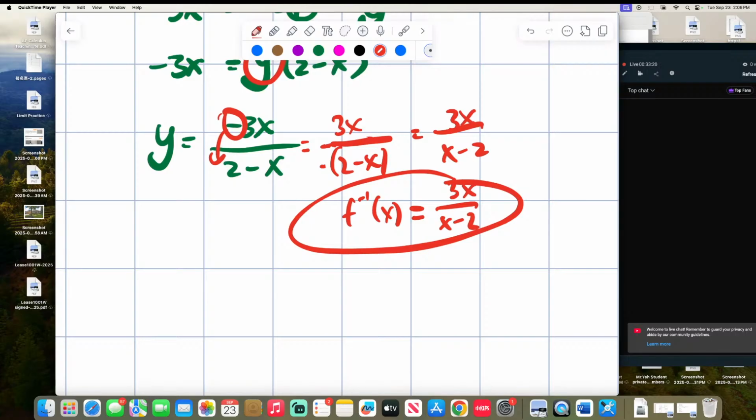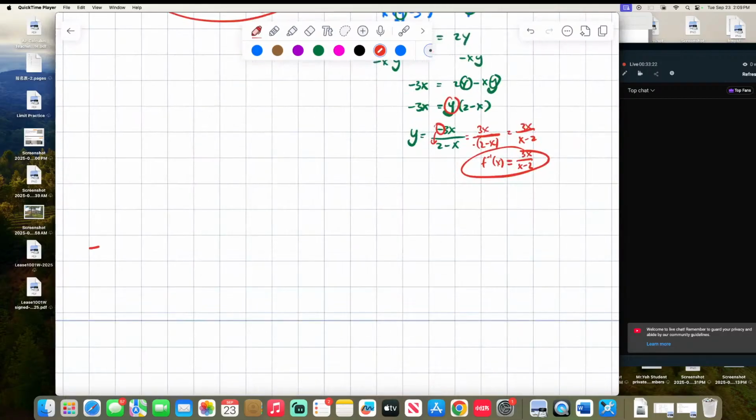Yeah. Okay, all right, let's give you a try. One more question. f of x equals 2x minus 1 over 7x plus 3. We want to see if you can do the same thing.